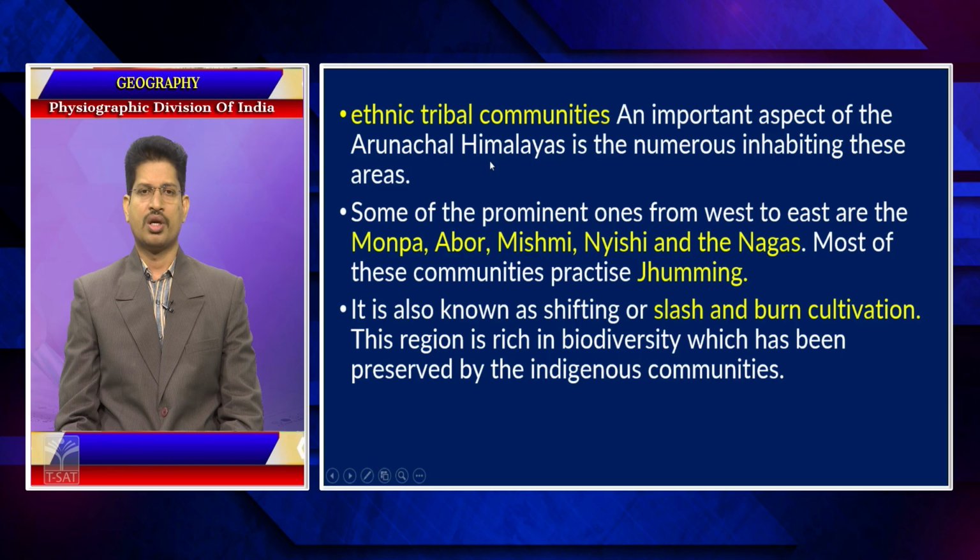Ethnic tribal communities like the Mishmi and Nagas live in this region, and they do jhum cultivation. Jhum cultivation is otherwise also known as shifting cultivation or slash and burn cultivation.